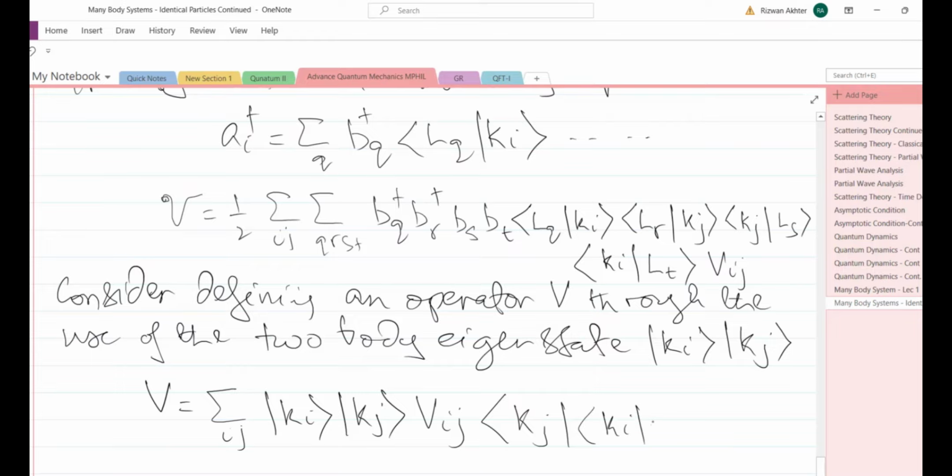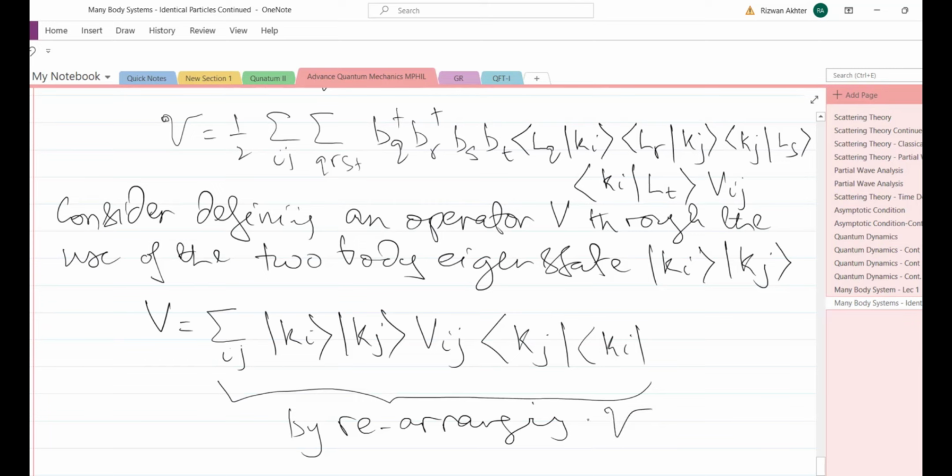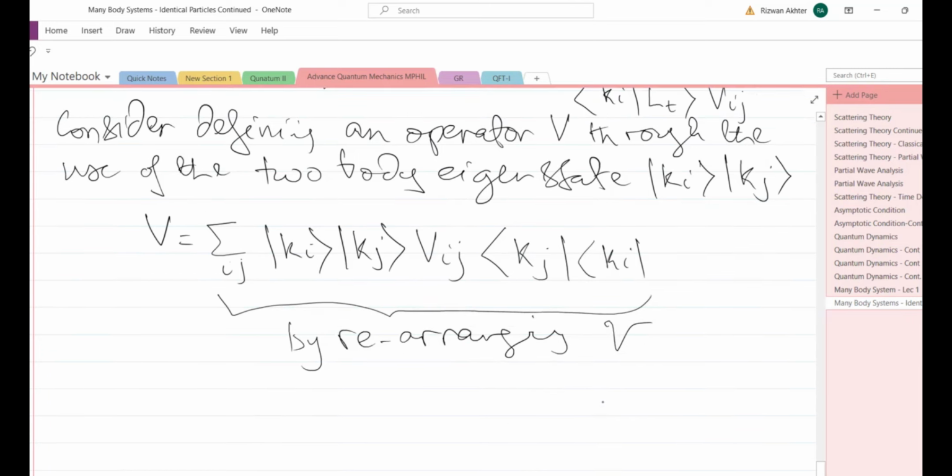So how did you obtain this? By rearranging this term. And so this rearrangement would be equal to half, summation over q, r, s, t.